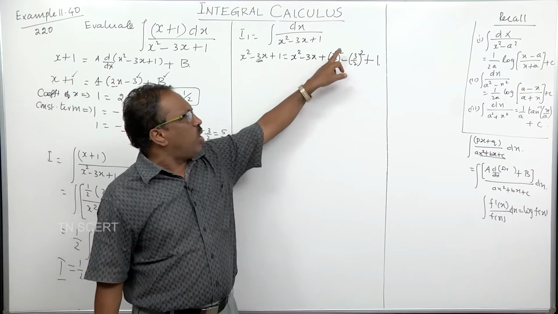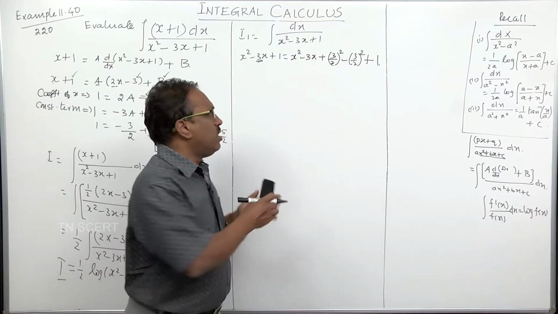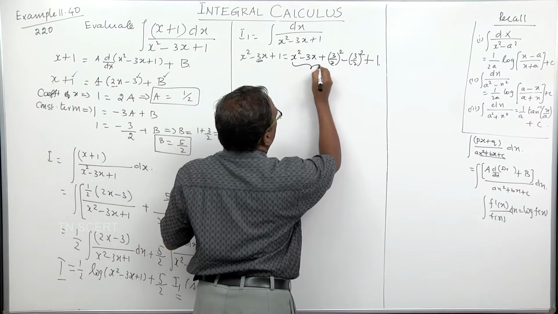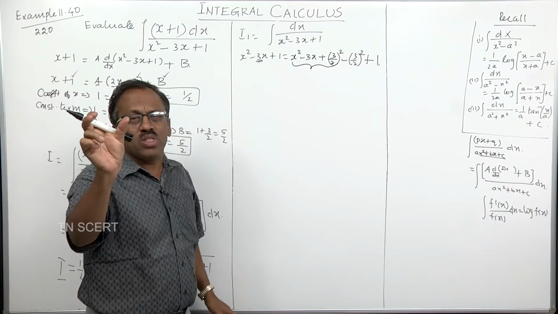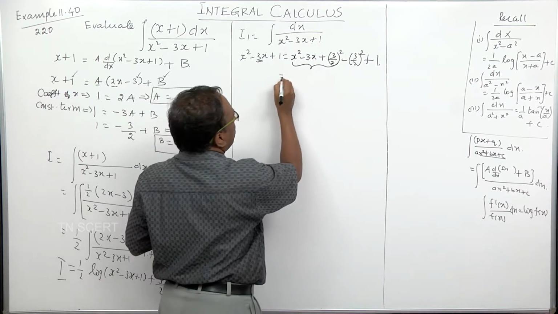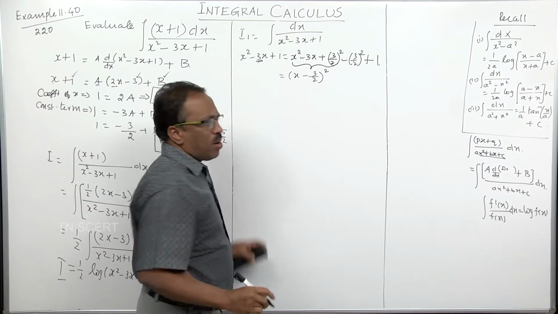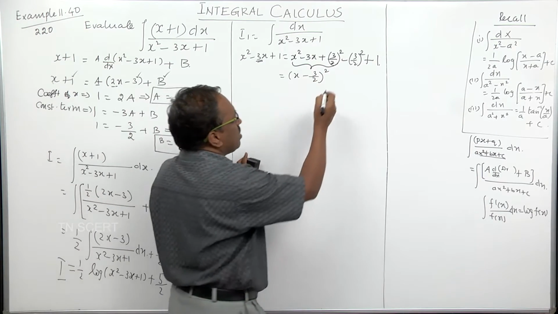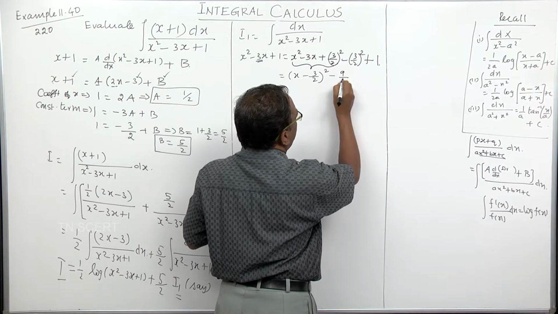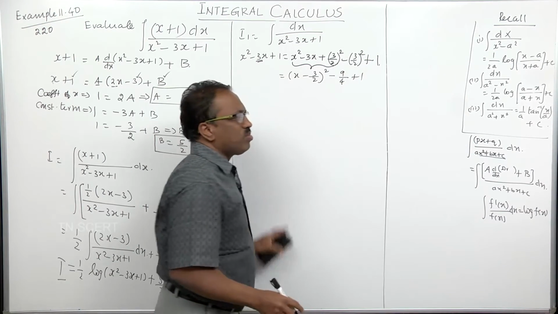So that number squared, and minus that term. Now this one makes a perfect square. That is nothing but a minus b: x minus 3 by 2 the whole square. Now for this, minus 9 by 4 plus 1.